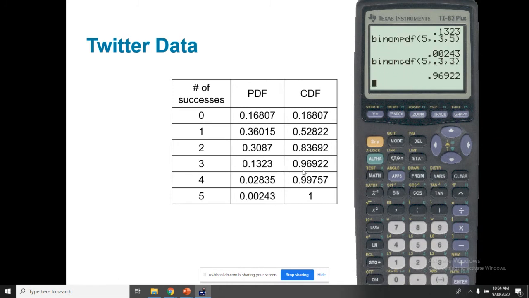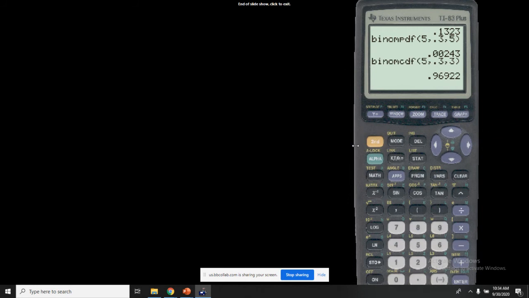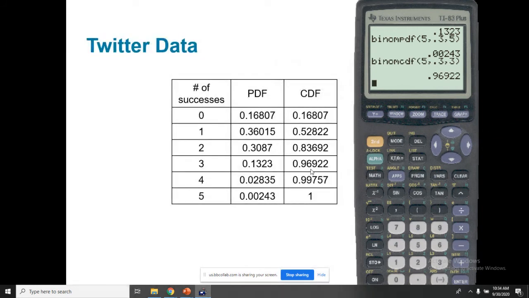And notice we have 0.96922, which is the exact same value as the formula calculation.